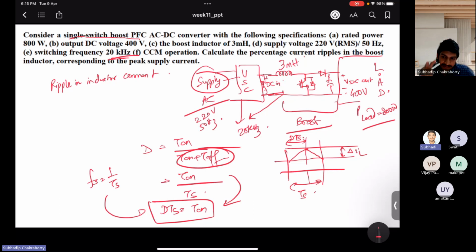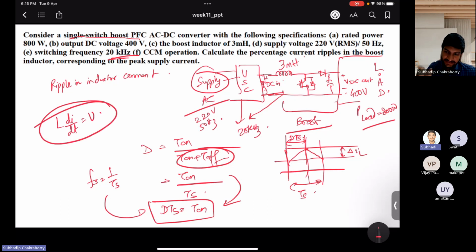So for one particular instance of switch on or switch off, you can apply the inductor ripple equation where you have L di dt is equal to V. So whatever is the voltage impressed across the inductor during one instance, whether it be switch on state or switch off state, you can calculate the value of the ripple, because the ripple during switch on state and switch off state are both equal, because you are having a continuous current conduction mode.